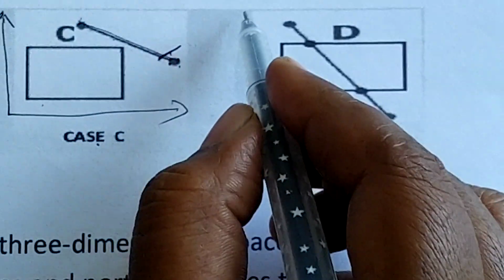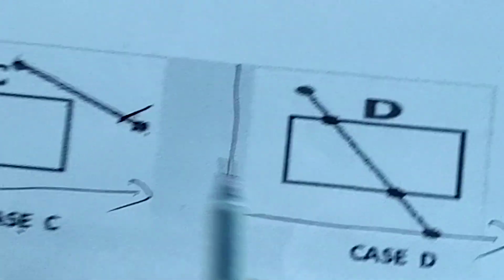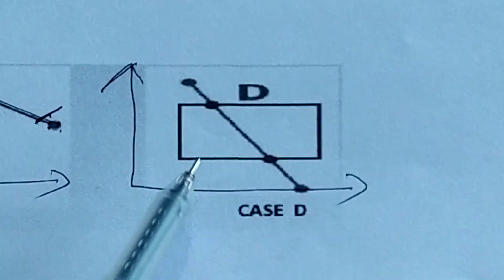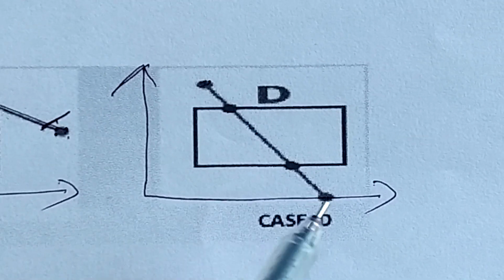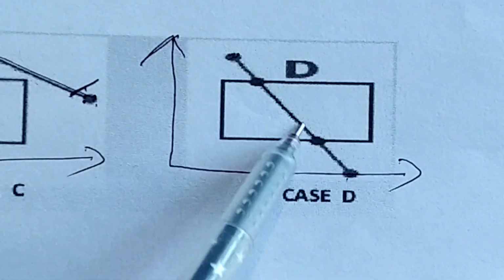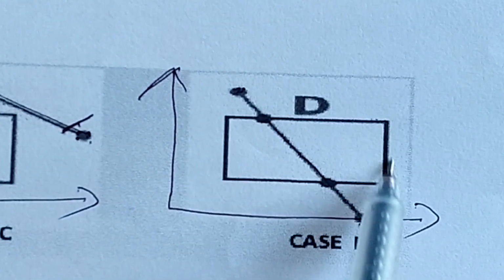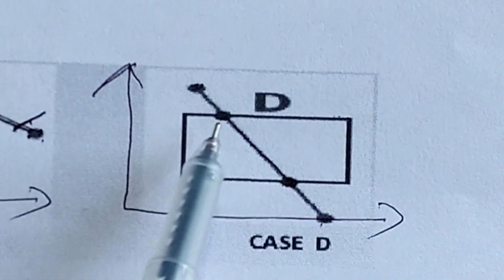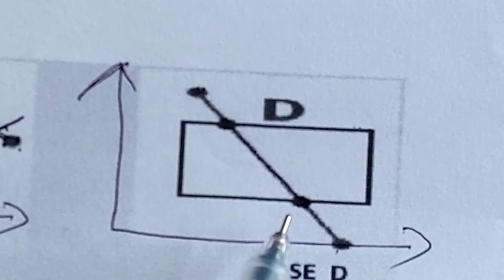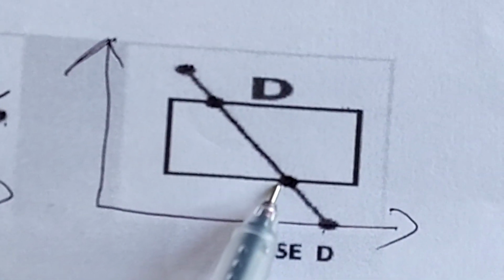We'll go for case D. In this case, the line segment appears like this. Here the end points of the line segment are outside the clipping window, but a portion of the line segment is present inside the clipping window. In that case, we need to find the intersection as per the Cohen Sutherland line clipping algorithm.